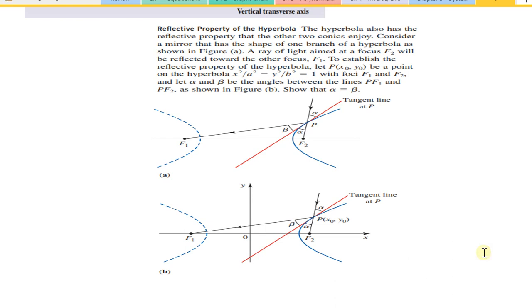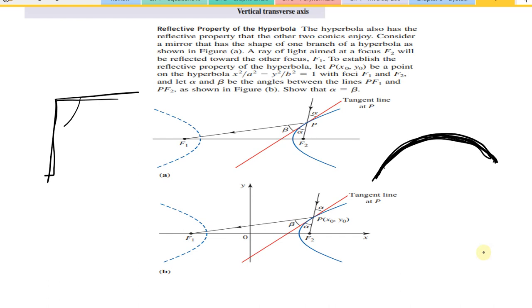Now the hyperbola, interestingly, has this reflexive property also. Usually they use these hyperbolic mirrors as you exit, like the parking structures. You may have seen these mirrors that are concave downward, or they kind of stick out like this. They're mounted in the corner, like if this is the garage, they're usually mounted here.